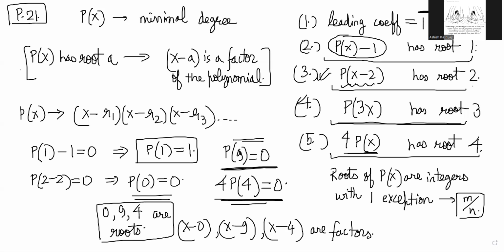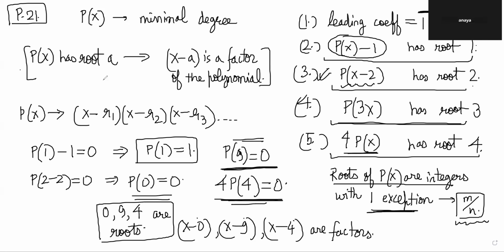Now we might have one more root. They have said that the roots of p of x are integers with one exception. Already three roots we have: 0, 9 and 4. They are all integers, right? The last root has to be a rational number m by n, right?